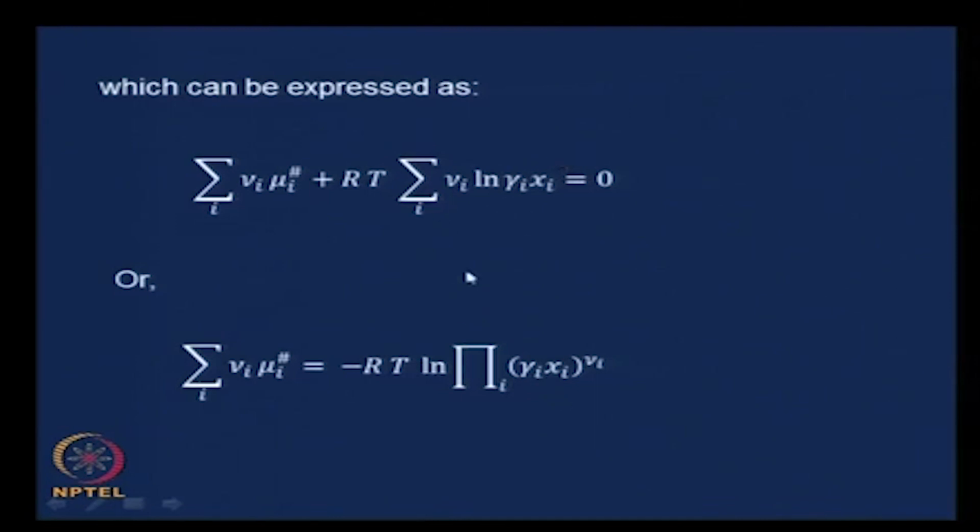The sum of the logs is nothing but the log of the product over all i of gamma i x i, the whole raised to nu i. We will call it equation 644.